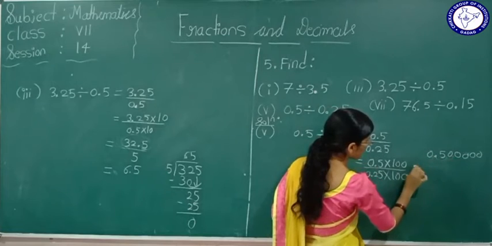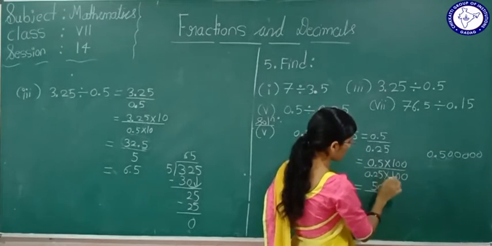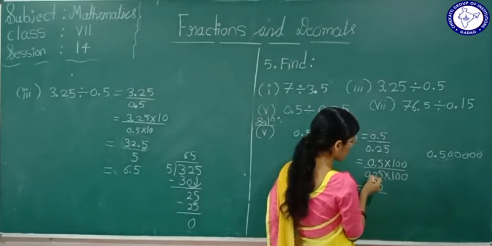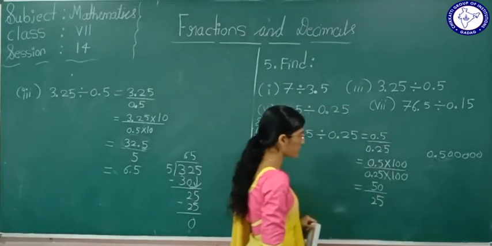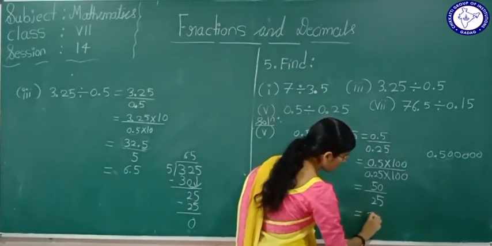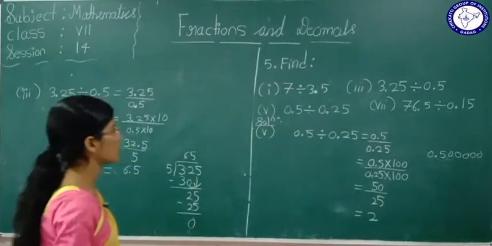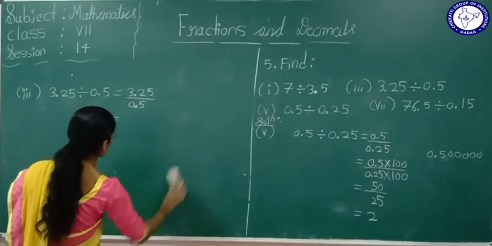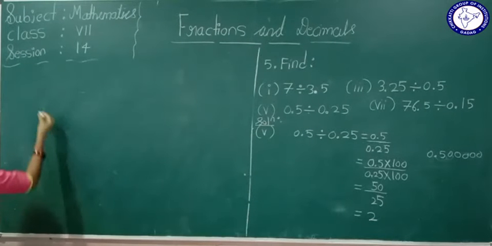It becomes 50. Now 0.25 into 100: shift the decimal point to the right by 2 places, 1, 2, and it becomes 25. Now tell me, what is 50 divided by 25? It will be 2. Okay, this is about the fifth one. Now see the seventh one.